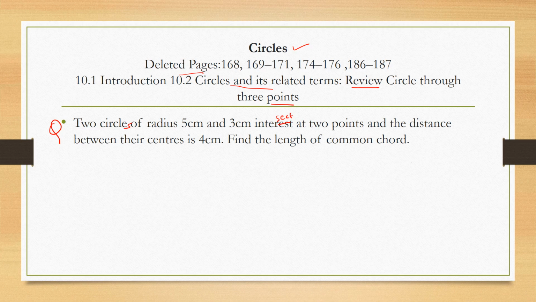Okay, so one is 5, another one is 3. Common chord is this. Let's say this is O and this is O1. The distance between their centers is 4 centimeter.